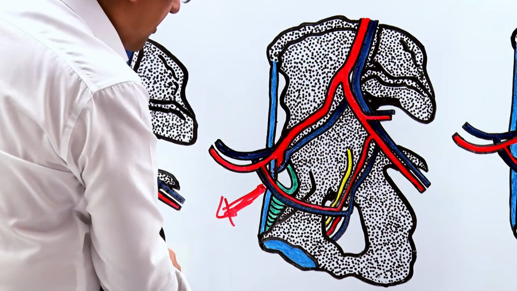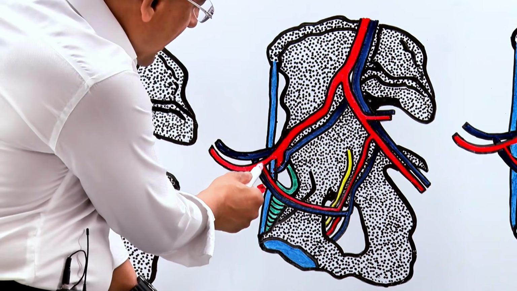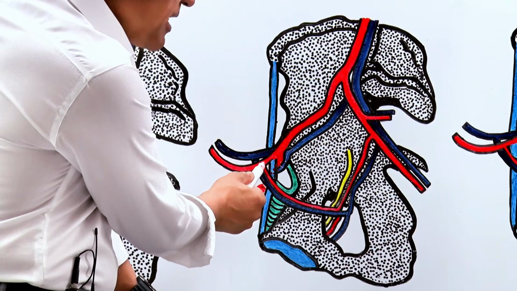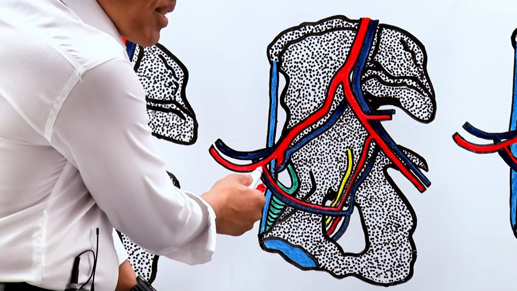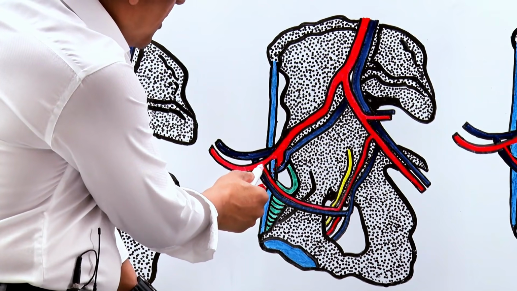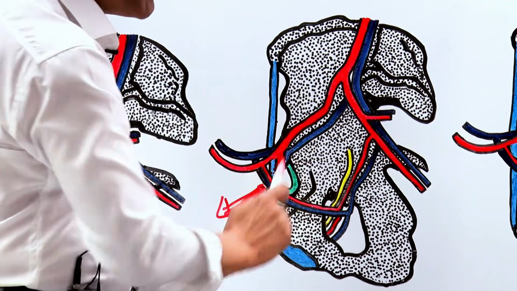But there is one more problem here. Yes. Look here. What is this? Another artery is originating from the external iliac system, right? And here it is classically seen from the inferior epigastric artery, and it is also going to the obturator foramen.